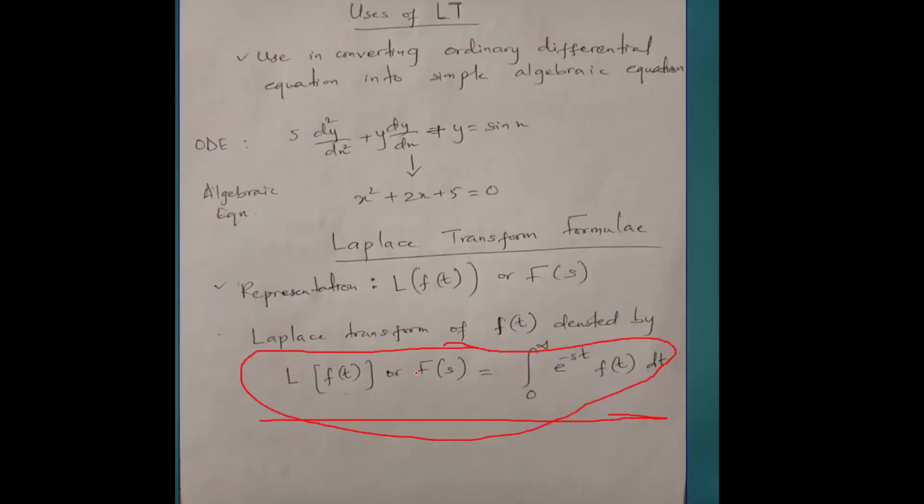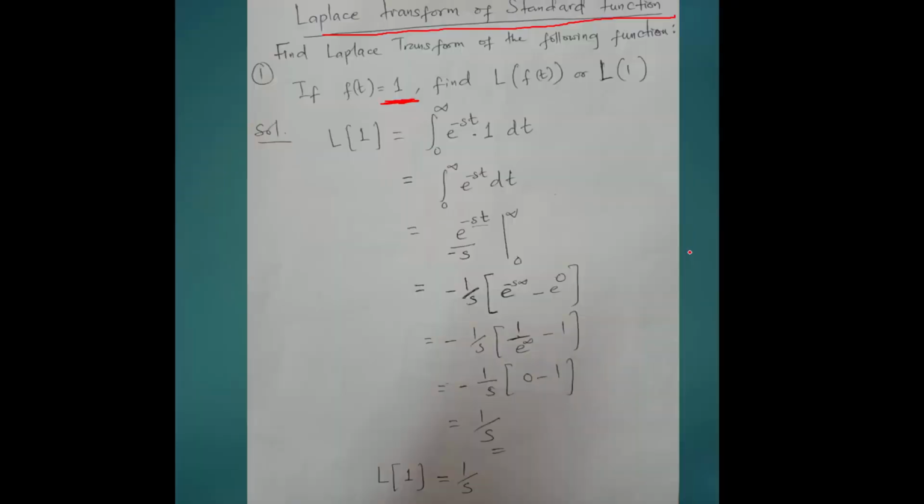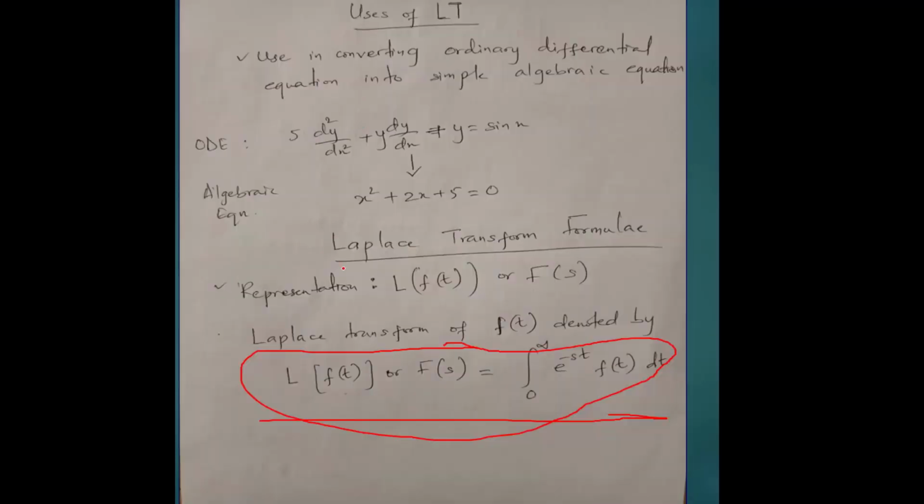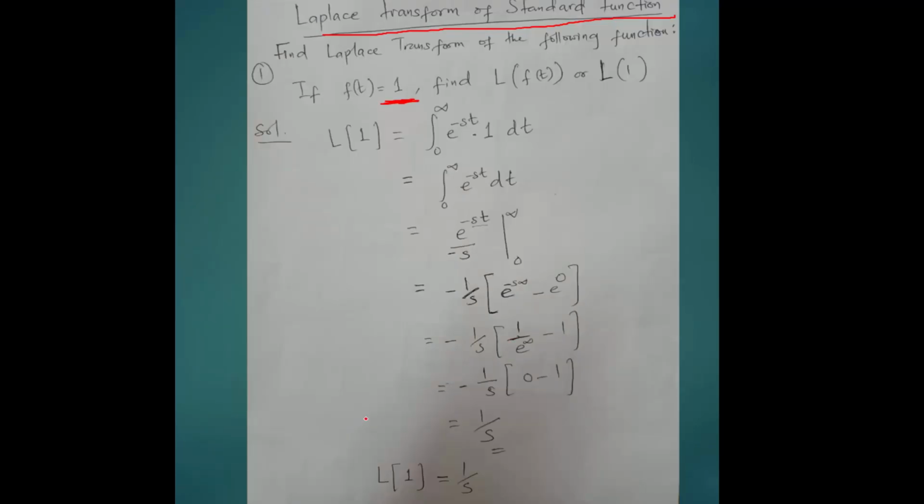So what you need to do is, what was your f(t)? Your f(t) is 1, right? So you replace f(t) with 1 in your formula. You need to replace f(t) with 1 here, and you need to replace f(t) with 1 here, because I want to find the Laplace transform of 1. So that's what I have done here.